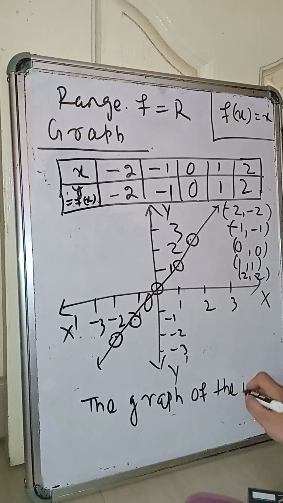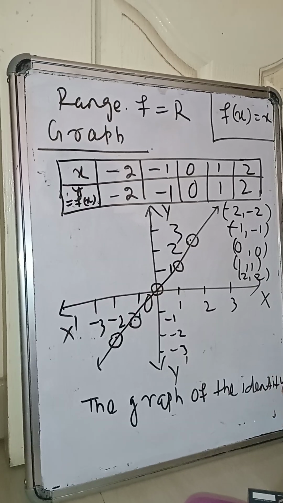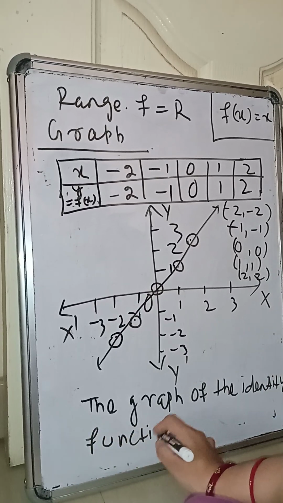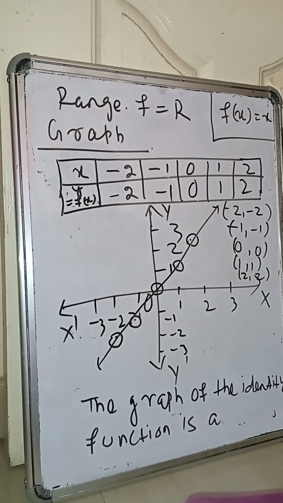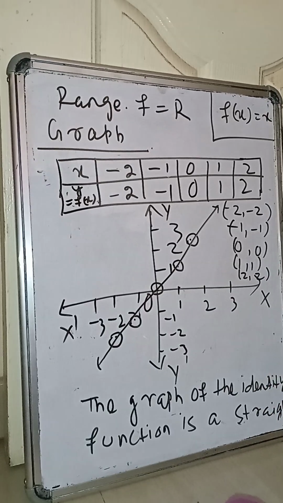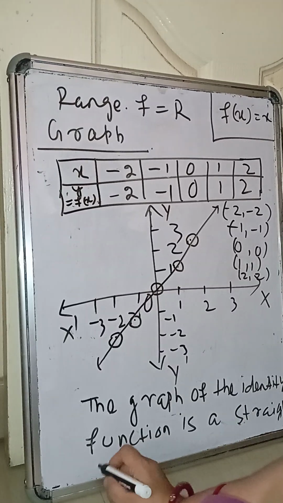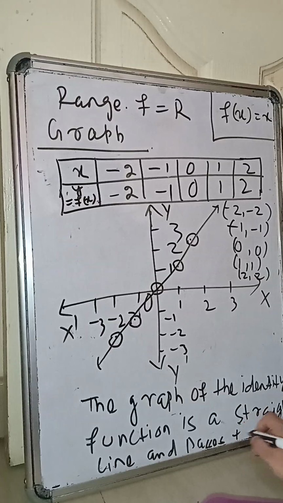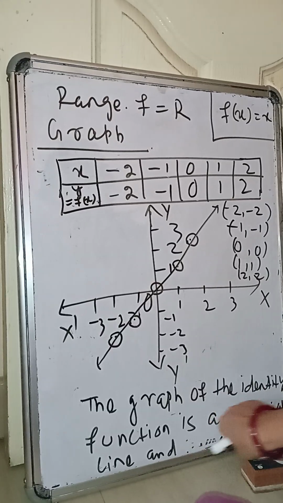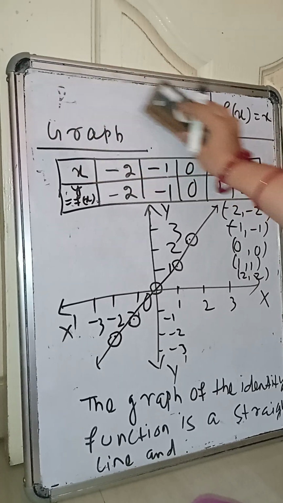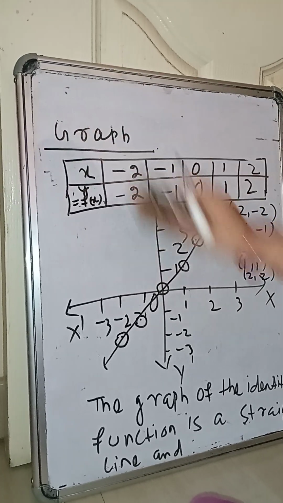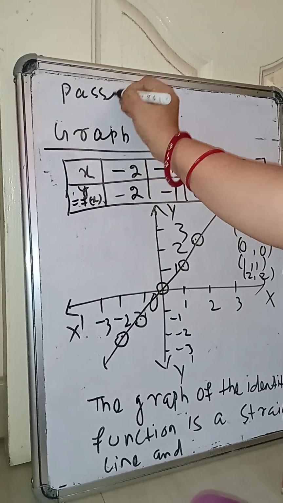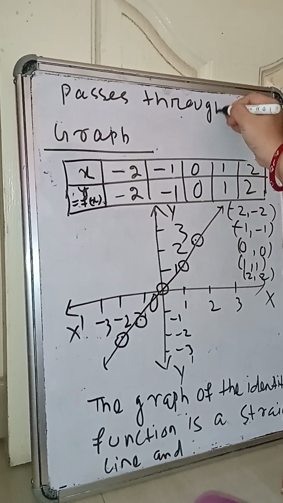The graph of the identity function is a straight line, and the line passes through the origin.